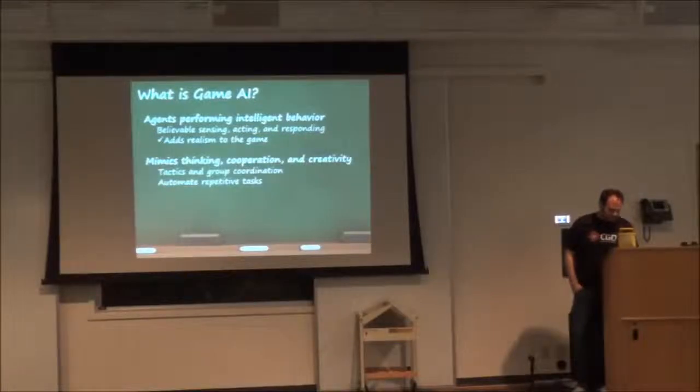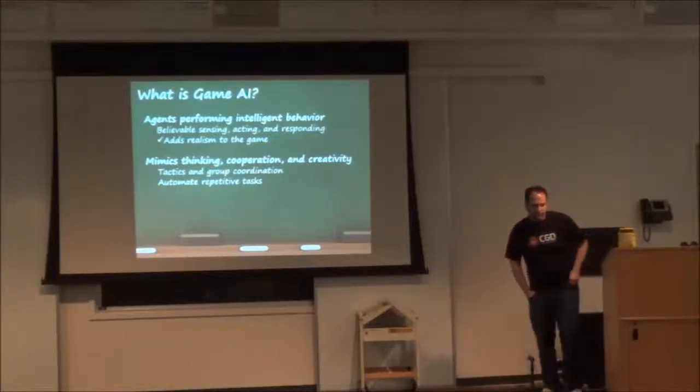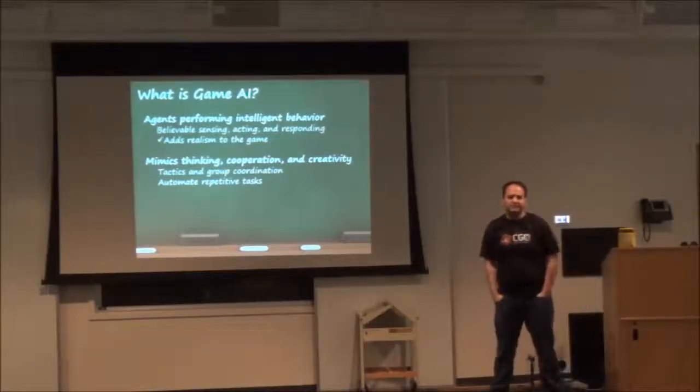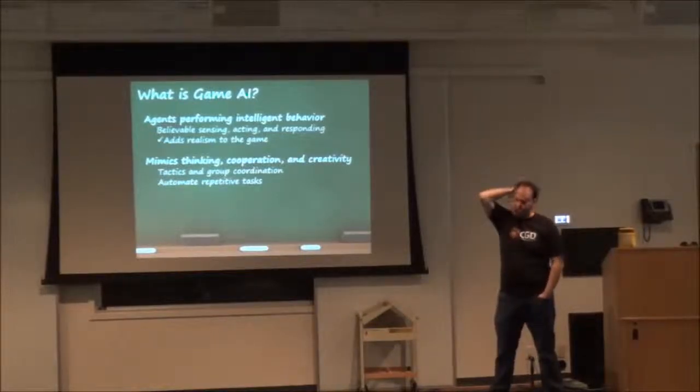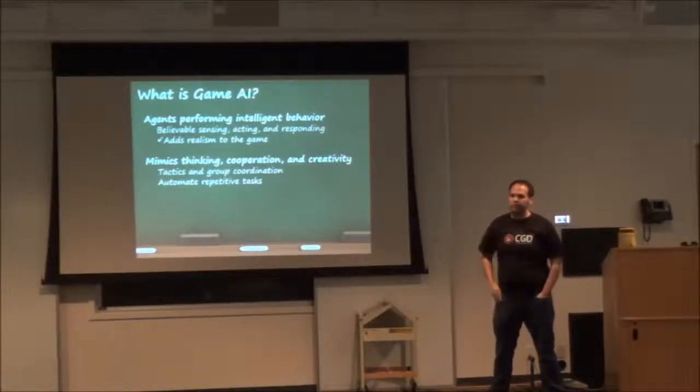AI typically mimics thinking, even creativity. AI can be used for generating assets for your game. In fact, for this article I wrote for this book, I implemented a learning technique called engrams. You don't have to worry about it too much, but one of the uses for it was procedural generation, where the AI would basically watch a designer make a sequence of choices, right?